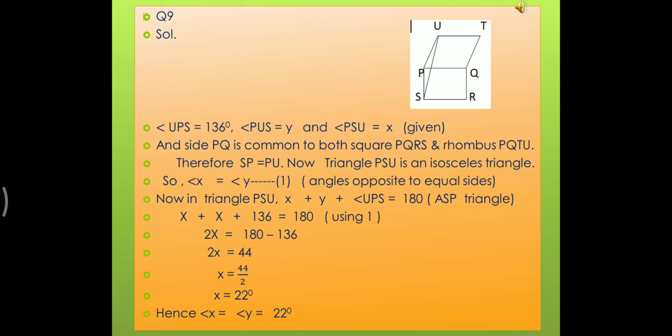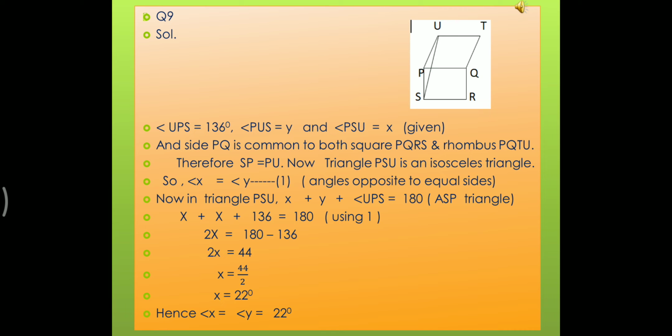So angle X is equal to angle Y, because these are the angles opposite to equal sides. We know angles opposite to equal sides in an isosceles triangle are equal. That is why angle X is equal to angle Y.